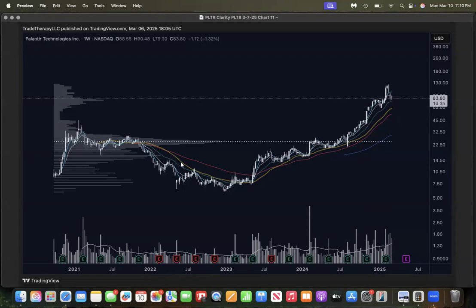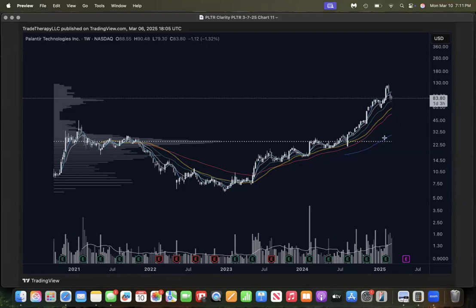Here's reaccumulation after a clearly accumulation phase right here that went through what's probably going to end up being an abbreviated reaccumulation structure here, because I think as it gets into higher levels longer term, we're going to see it reaccumulate later.